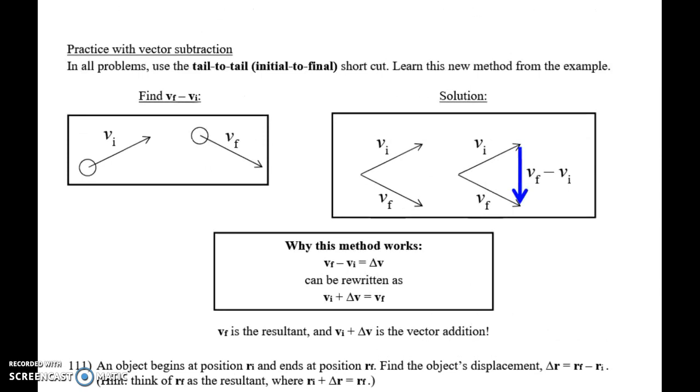But first, let me explain subtraction. There are two ways to do vector subtraction. Let's say we have A minus B equals C. Here's vector A, here's vector B, and we're trying to find what C is.